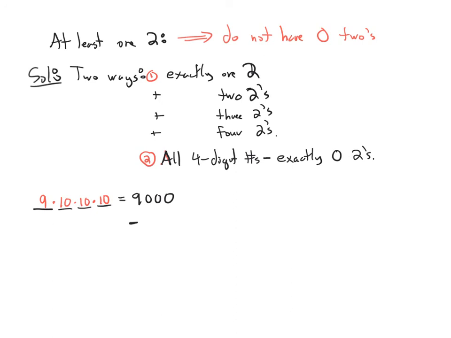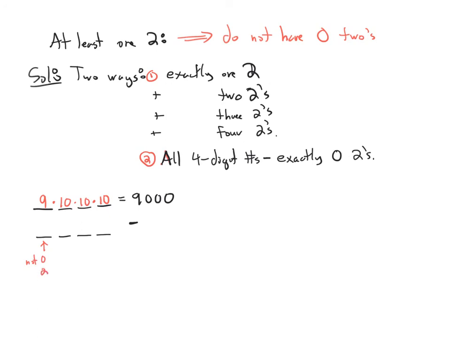the number of 4-digit numbers that have 0 2s. So again, let's see if we can count this. So remember, none of these can be 2s. There's no place to put a 2. So how many choices do we have for our first digit? So it's not a 0 or a 2.